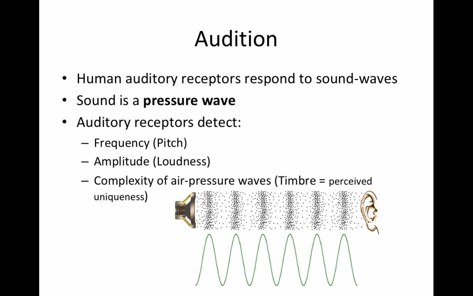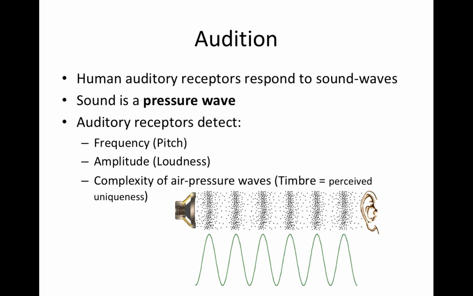So the frequency, amplitude, and complexity of these changes determine what we hear. So we hear the frequency or speed of pressure changes as pitch. So it can be high pitch or it can be low pitch. High frequency would be when these high pressure points are close together and occur more often.